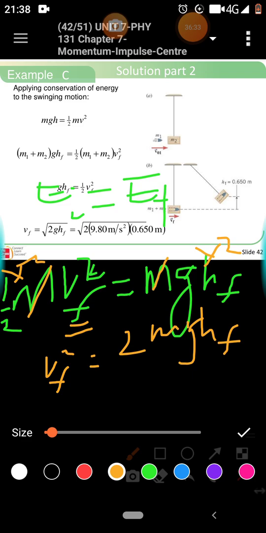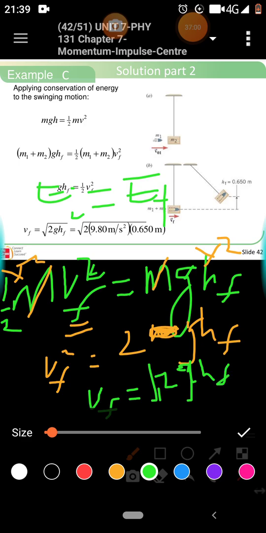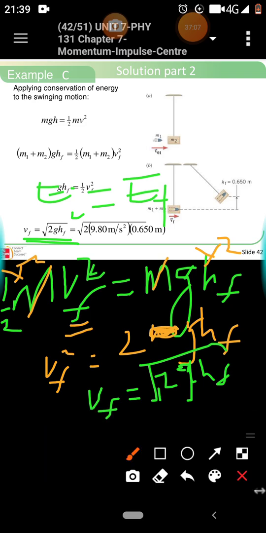Then you take the square root, so vf is the square root of 2 g hf. Then you can determine the final velocity.